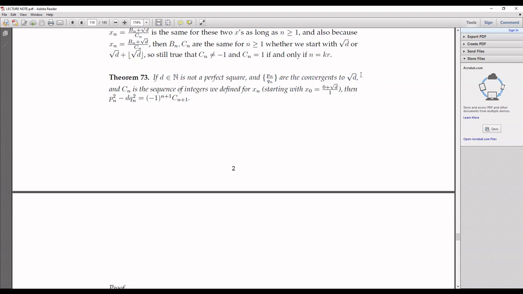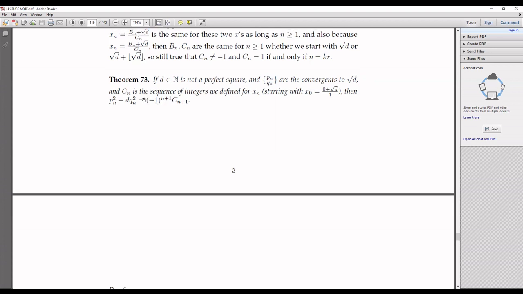So all we have to do is find the continued fraction of root d up to some iterations, and at each iteration find the convergent, that is pi by qi, and for those particular indices i where the right hand side is 1, that will give us the solution of the Pell-Brahmagupta equation.